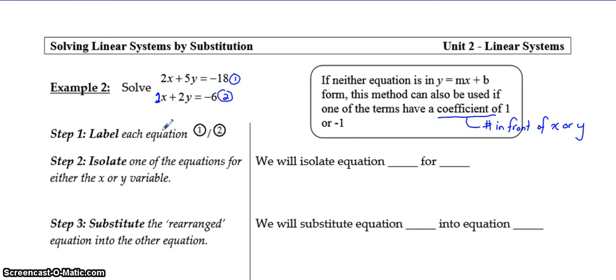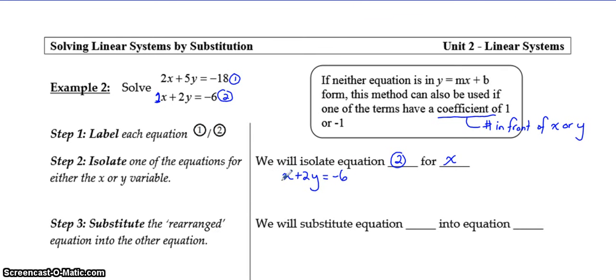Now what we're going to do is take this equation number 2 and isolate it for x. So whichever variable has the coefficient of 1 or negative 1, that's what you're going to isolate. So you're going to isolate equation 2 for x. So equation 2 was x plus 2y equals negative 6.